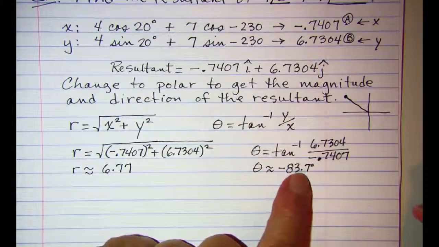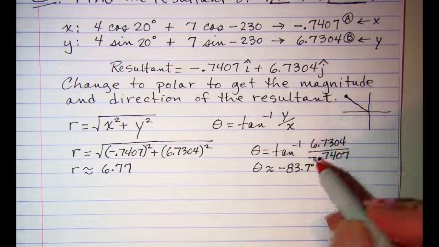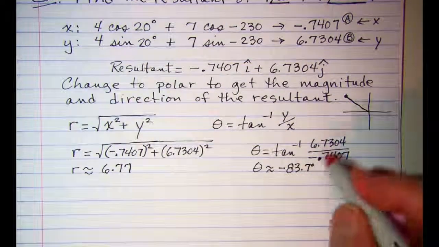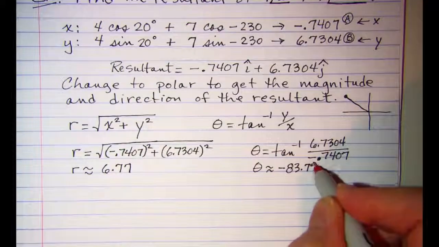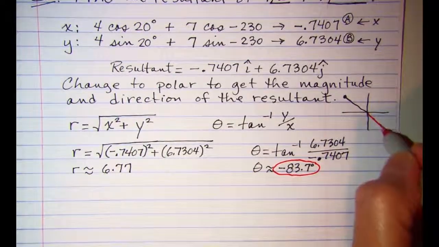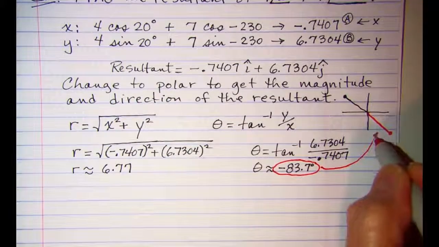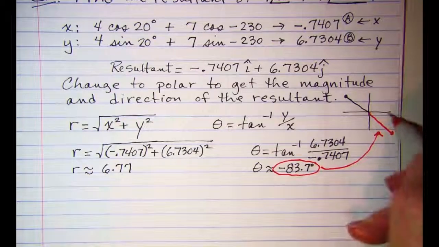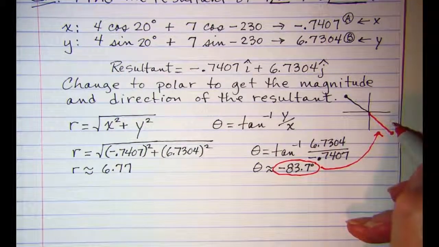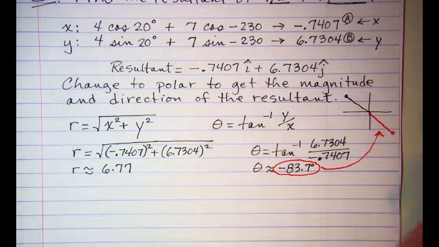This angle is in quadrant 4. Since the angle that my calculator gave me is in quadrant 4, I'm going to need to add 180 degrees to get it into the second quadrant where it needs to be.